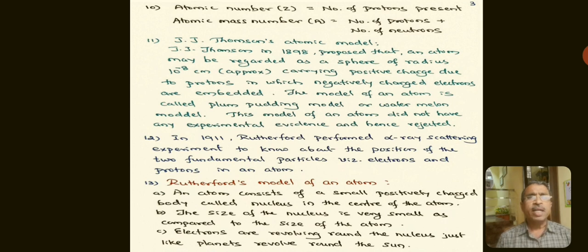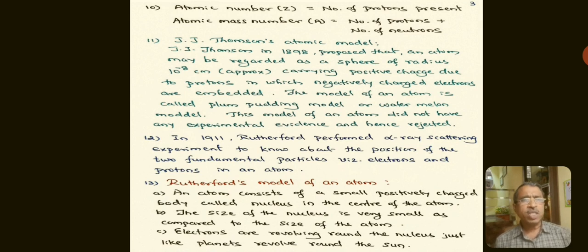It is denoted by Z. Atomic mass number, or simply mass number, is the sum of the number of protons and neutrons present in the nucleus of an atom. To find out the number of neutrons in the atom, mass number minus atomic number gives the number of neutrons.